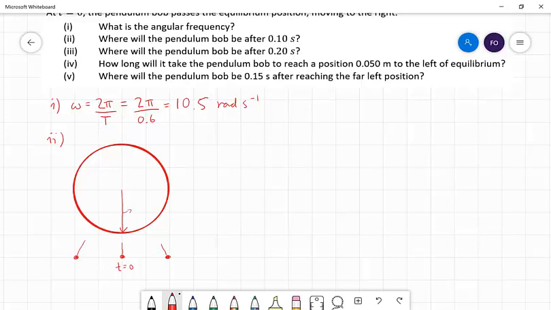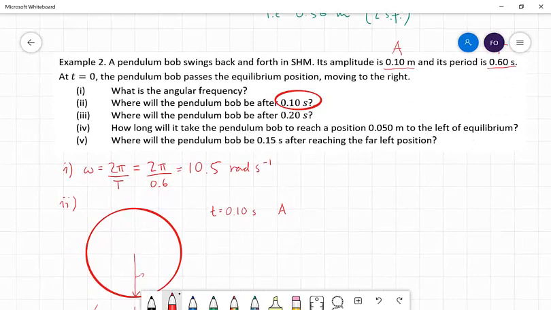Okay, so we know that the period is going to take 0.6 seconds to go all the way around, which means that in every 0.15 seconds it's going to complete a quarter cycle. So we have t equals 0.10 seconds. We know that the amplitude was 0.1 meters.